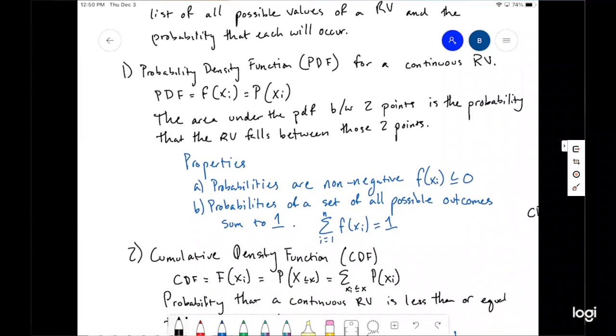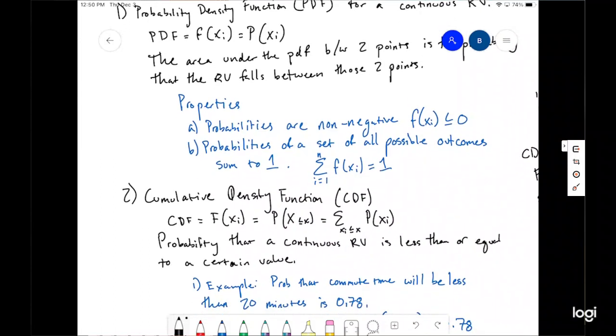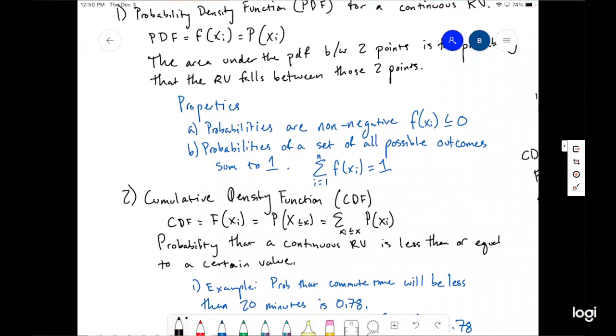The CDF, the other way to write this, is the cumulative density function. The CDF is written with a capital F of x, which is equal to the probability that large X, the random variable x, is less than or equal to small x, the outcome, which is equal to the sum, with this symbol that looks like a strange looking E being the sum symbol, of the probabilities of xi for all xi less than or equal to x, the probability that each of those events occurs.